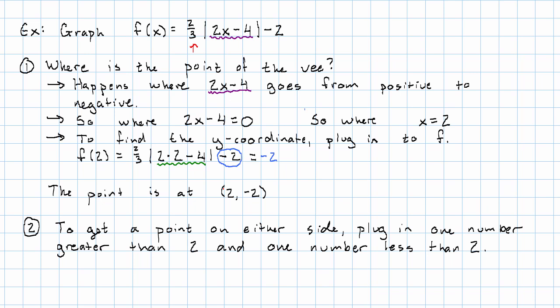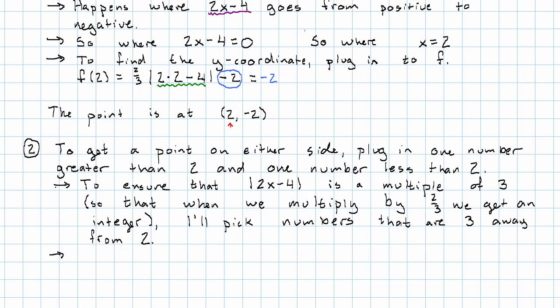We have a fraction with denominator 3, which means that we want to make sure that whatever we're multiplying this by is a multiple of 3. So for that reason, instead of just picking, say, 1 and 3, I'm going to pick numbers that are 3 away from 2. So being 3 away, that's going to be 2 plus 3 or 2 minus 3.